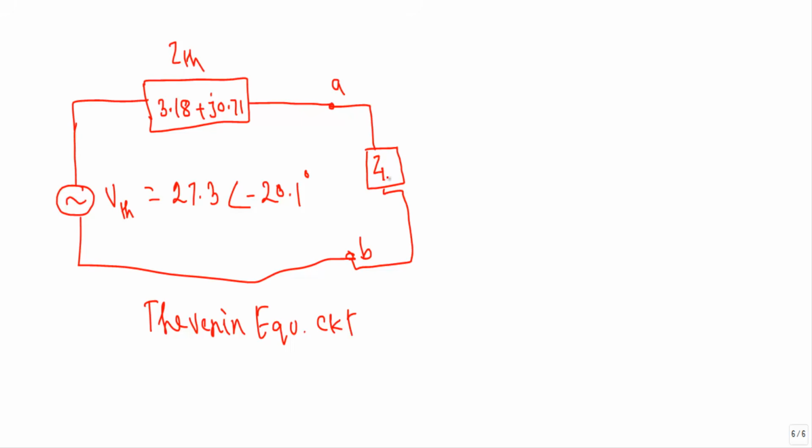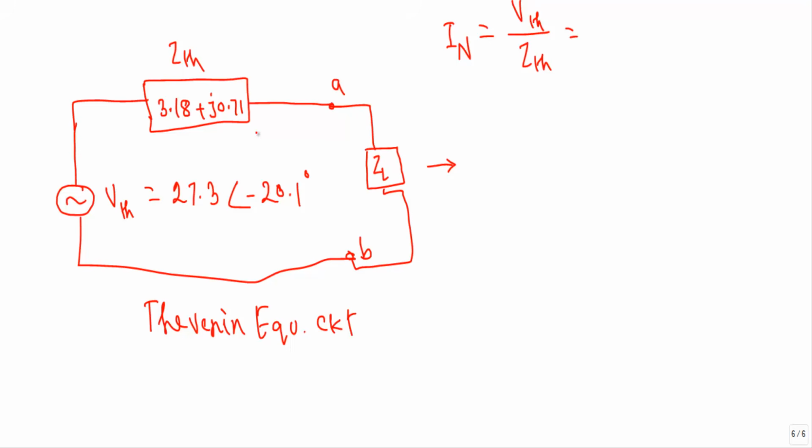Okay, now see, if I want to draw the Norton equivalent circuit, our Norton current IN will be equal to Thevenin voltage divided by Thevenin impedance. Thevenin voltage is 27.3 with phase angle minus 20.1 degree, and ZTH is equal to 3.18 plus J0.71.